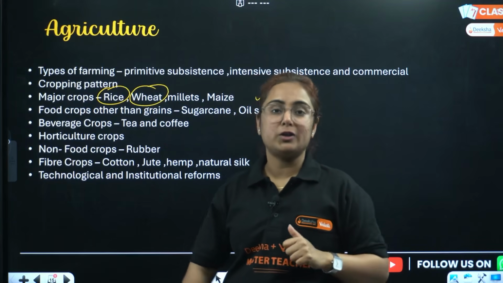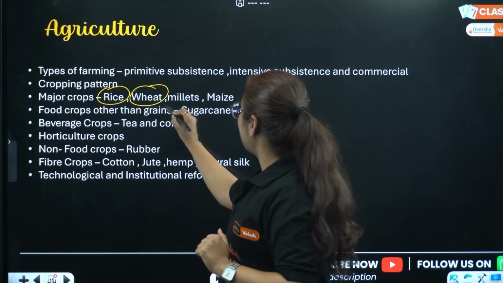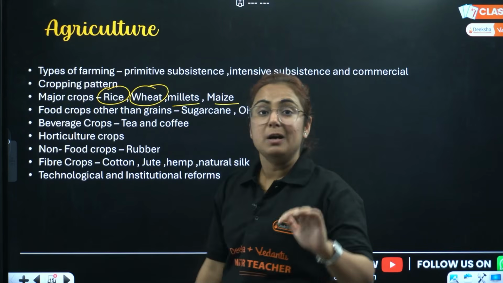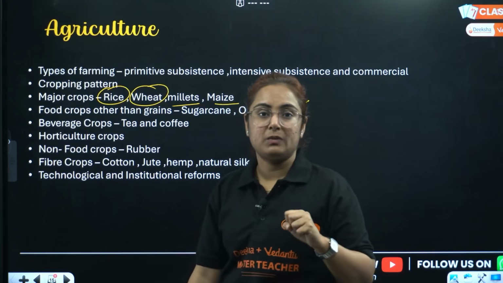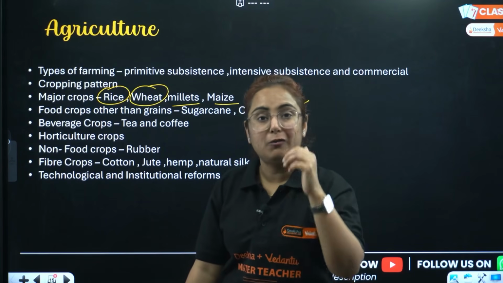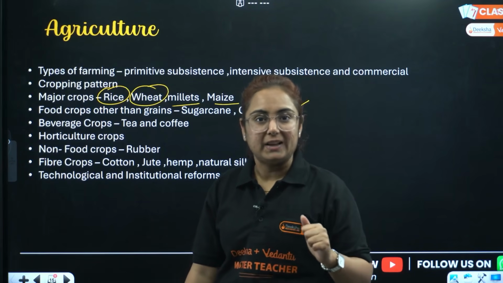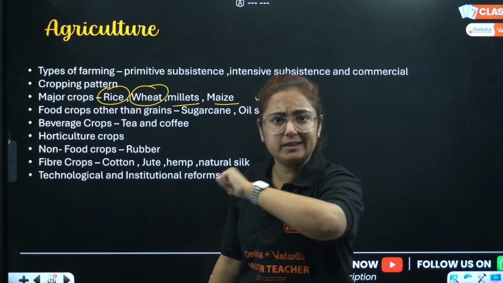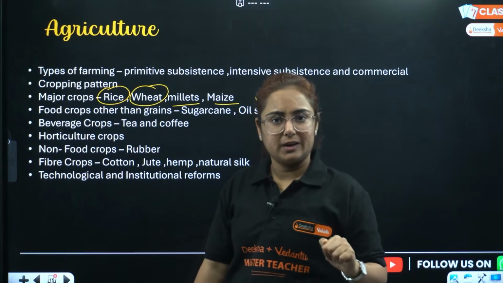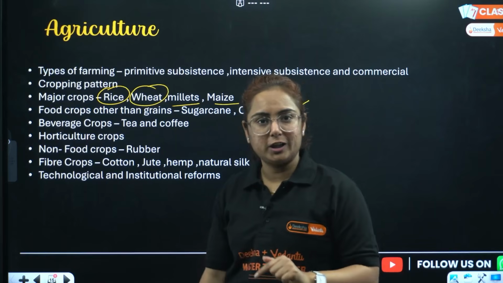Second most important crop. Then we will study millets and maize. Millets, ragi, jowar, bajra, have high nutritious value and fibrous content. What is maize? Food and fodder crop. Write it. It will come in MCQ. It is a type of food and fodder crop.